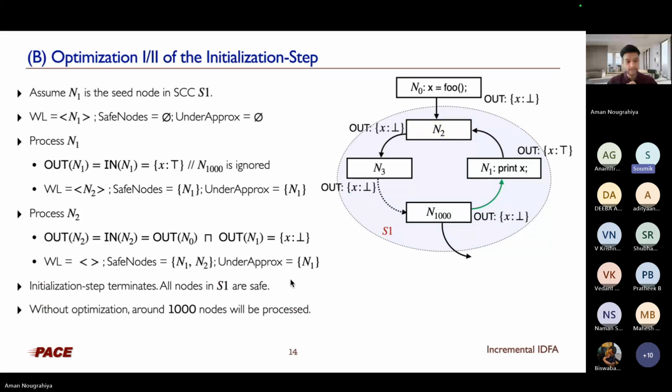Can you just maybe say again how N1 is safe, and what the under-approximation is for that? Okay, so N1 is safe because for the calculation of its incoming information, via this green edge, it is not relying on any of the potentially unsafe values.